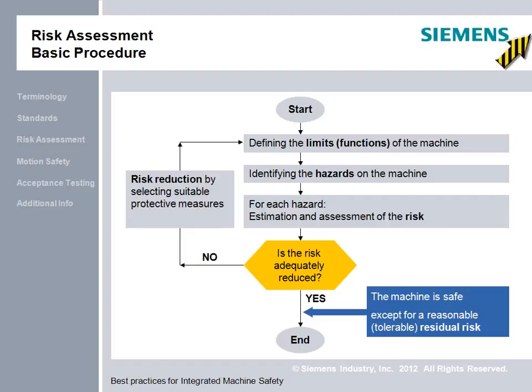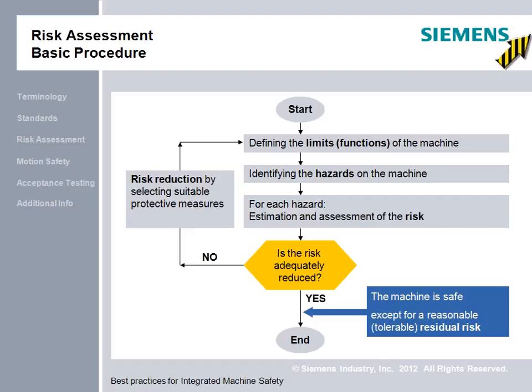So we define the limits, we identify the hazards, we assess the risk, and we make a determination if that risk is reasonable, also could be tolerable, also called a residual risk. Now, that is a subjective term, reasonable or tolerable residual risk, and that varies by industry. But generally, is the risk tolerable?